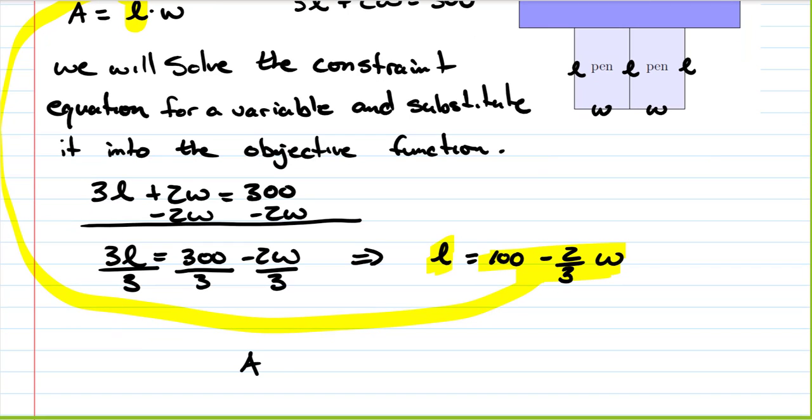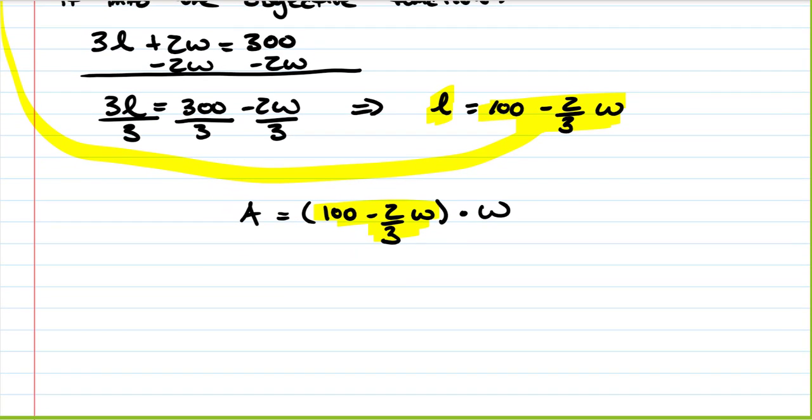So we get A is equal to, we replace the L with 100 minus 2 over 3W times the W. So this is us substituting it in. So now, instead of our objective function having 3 variables, it now only contains 2 variables. We can now graph this with our graphing device. So we're going to graph this with our TI calculator.